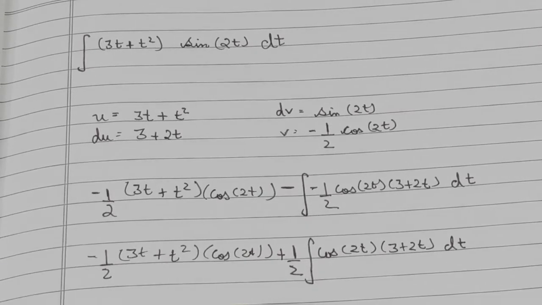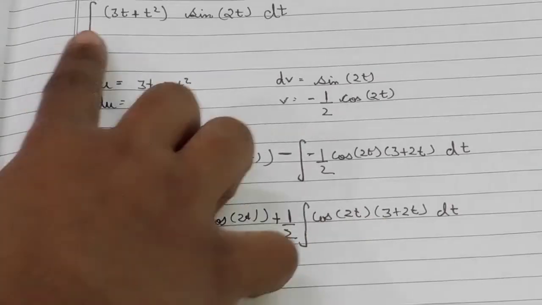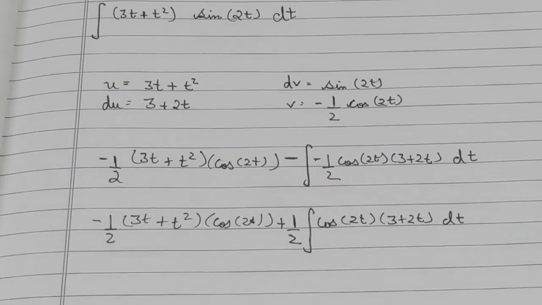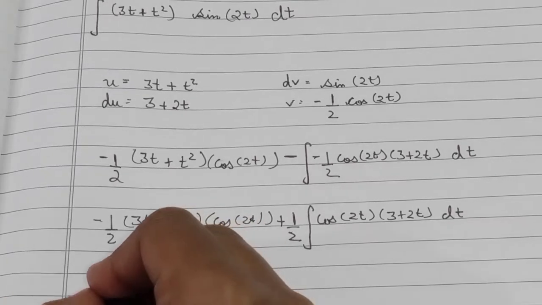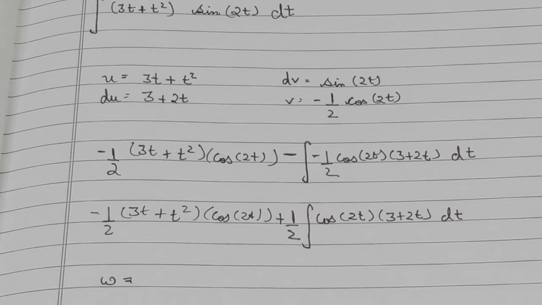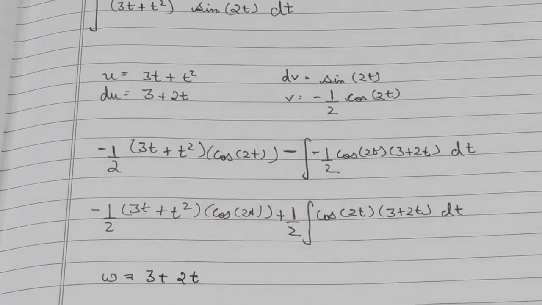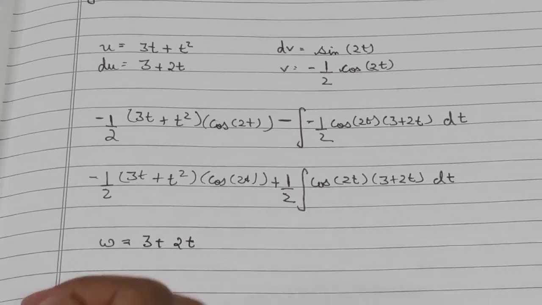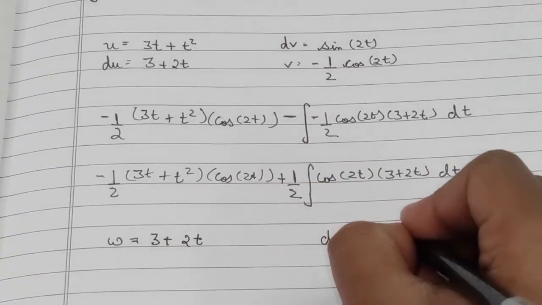Okay, we have something like the original question, right? This one is like the original question. So for solving this one we can again use the integration by parts technique. So we will let w equal 3 + 2t and dz equal cosine 2t.